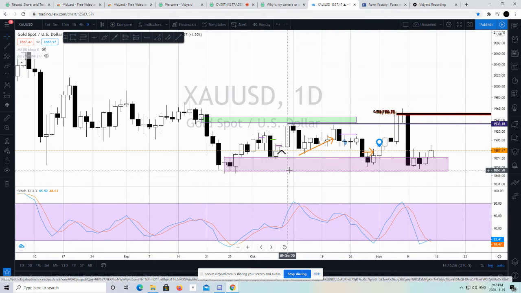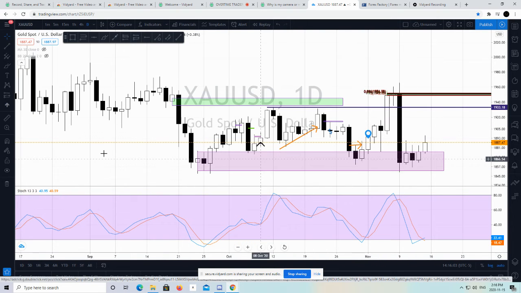I'm looking for gold to go higher. It took out some liquidity right here. So right here, gold took out some liquidity. So that candle right here, boom, came down, took out some liquidity, and now we're moving higher.